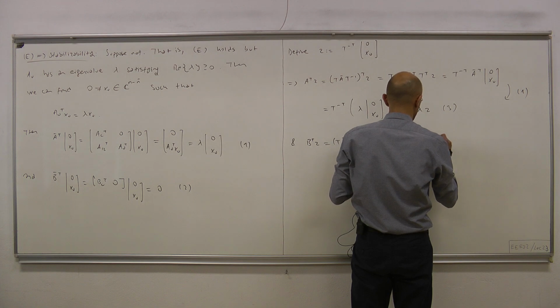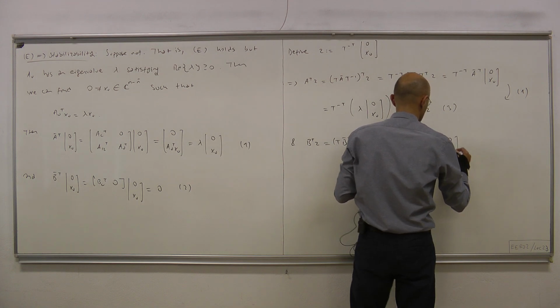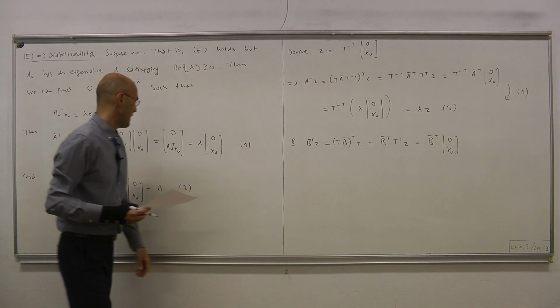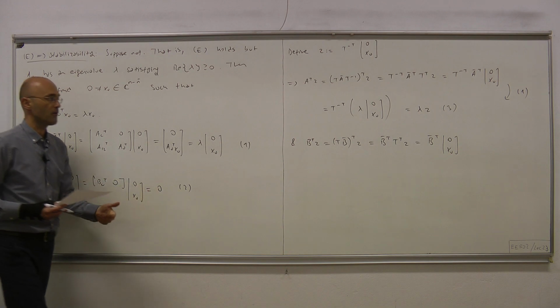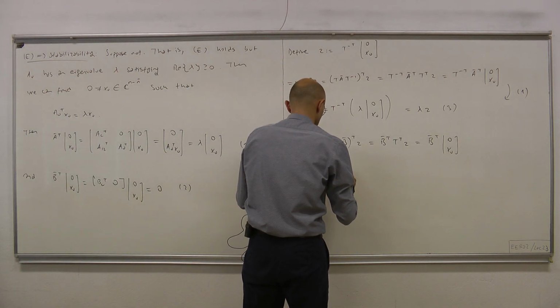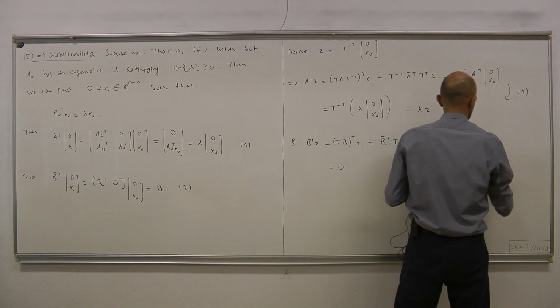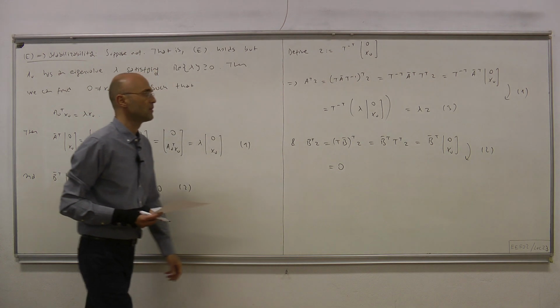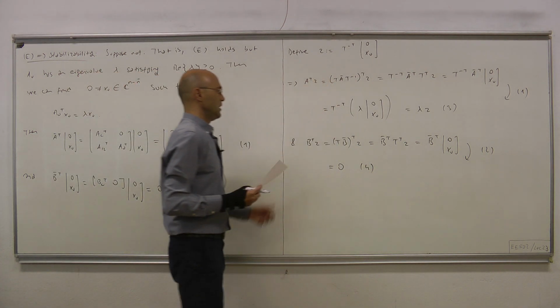B bar transpose times [0; XU], and B bar transpose times [0; XU] is 0. Okay, therefore B transpose Z equals 0. And what we used is equation 2. And let's call this equation 4.